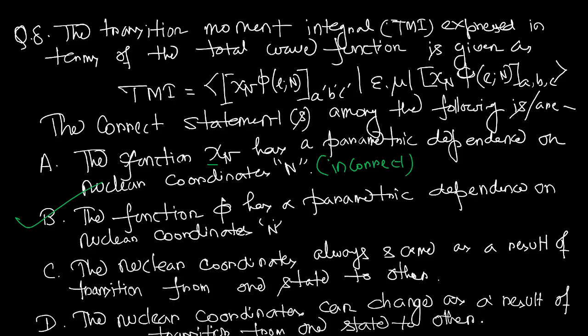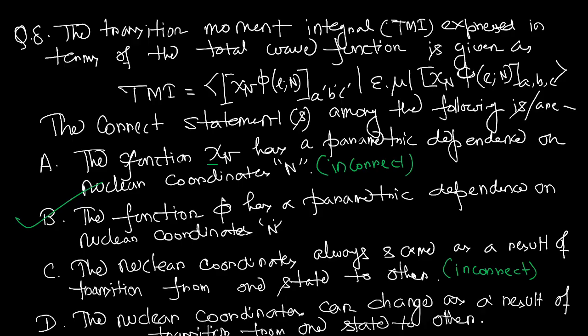The excitation is nothing but the same nuclear configuration, same nuclear distance from the nucleus, but the molecule will evolve to a stable position. That will not be a similar nuclear coordinate to what it had previously. So option C is also not a correct option. The nuclear coordinate after transition may not be the same.